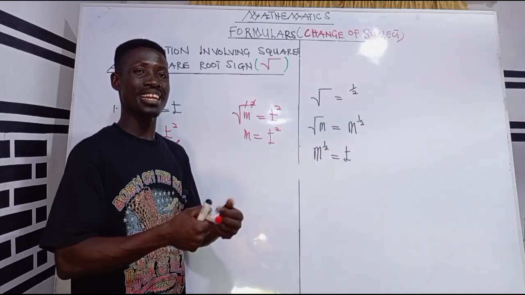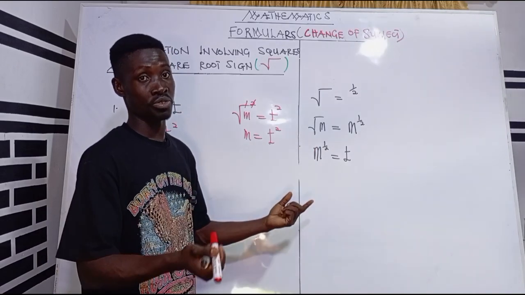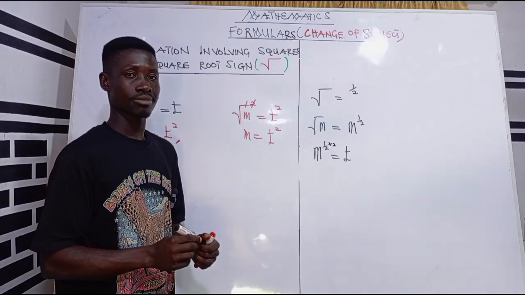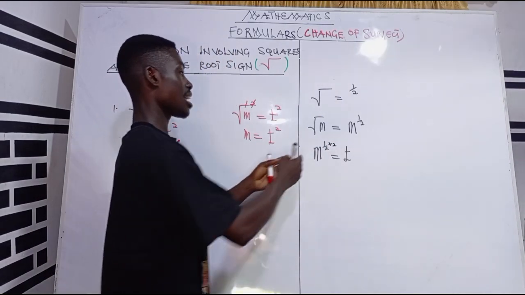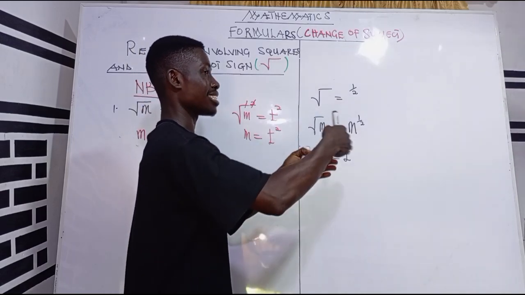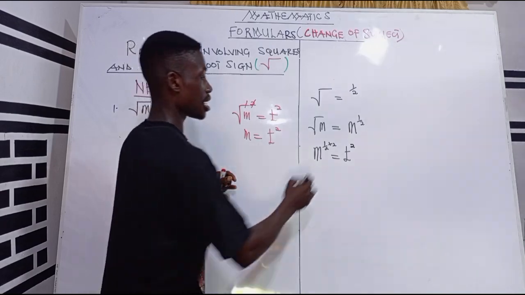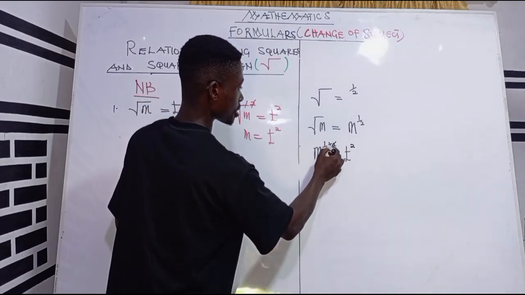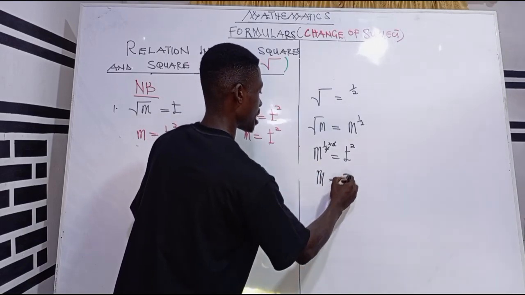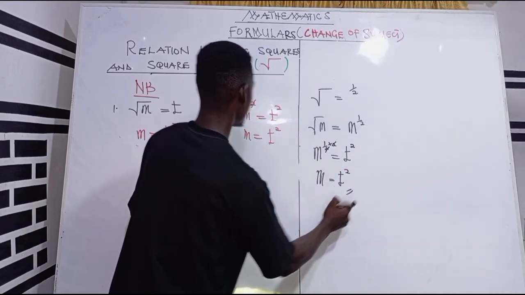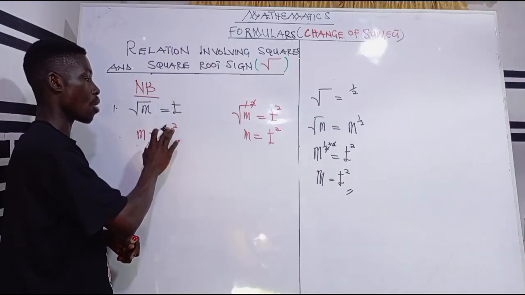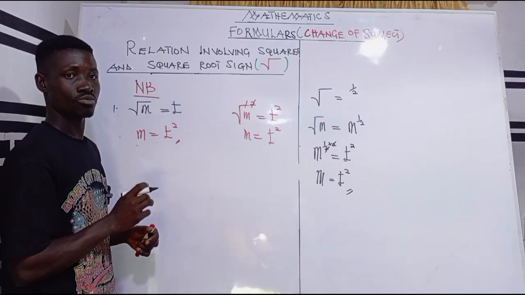So to make the half vanish, what must we do? We multiply here by 2. Anything we do to the left hand side of the equation must be done to the right hand side. So this 2 will cancel these 2. We are left with m power 1, which is the same as m is equal to t power 2.